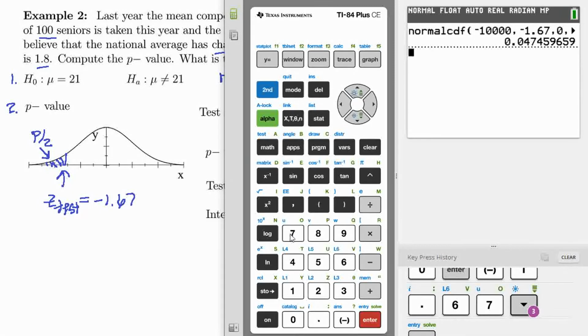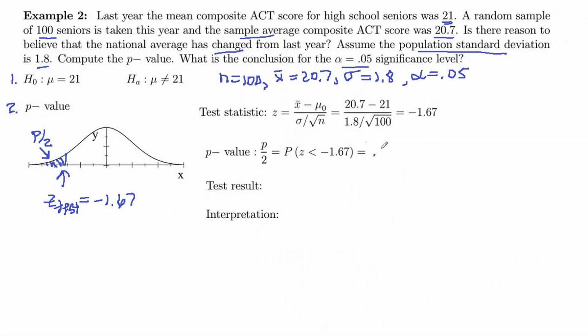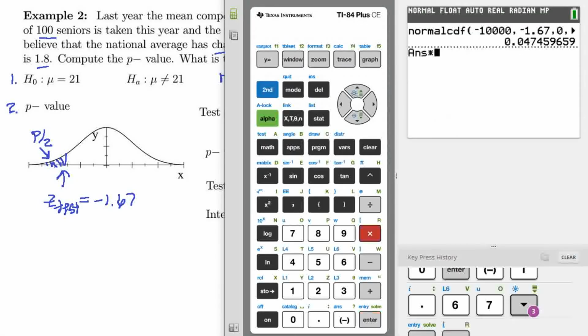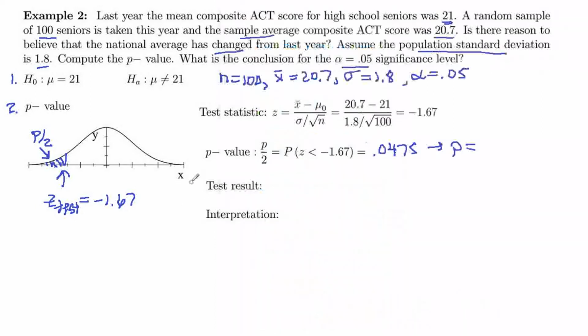So 0.04745, so 0.0475. And that means then that p is going to be 2 times that. So we multiply by 2, so 0.0949.